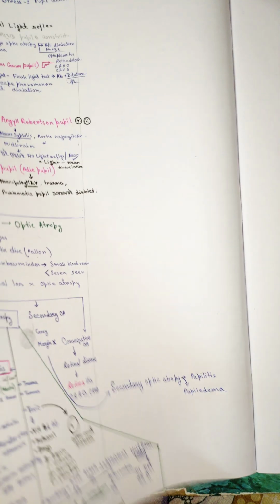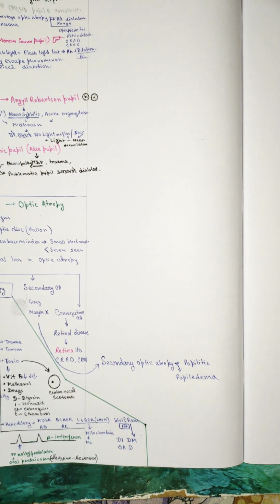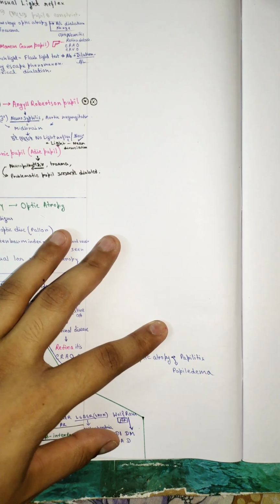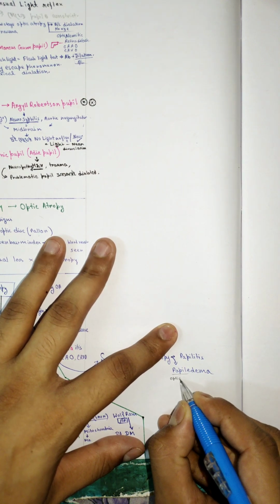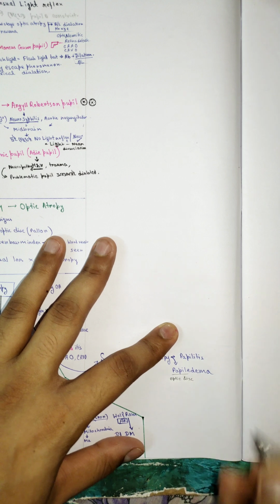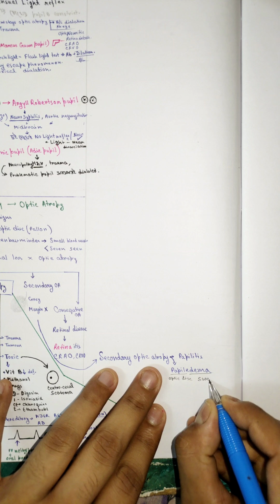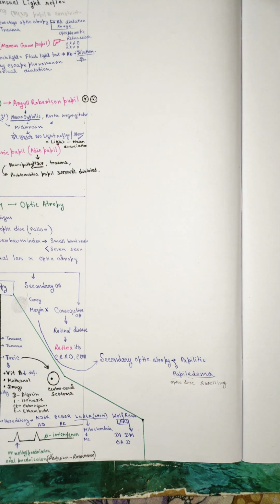What is papilledema? Papilla means optic disc, and edema means swelling. So swelling of the optic disc, but why?